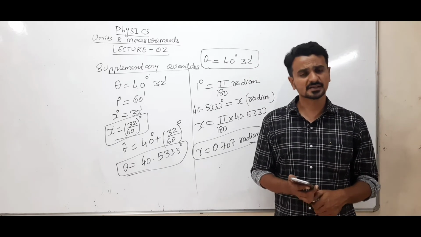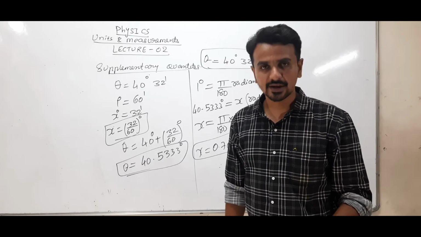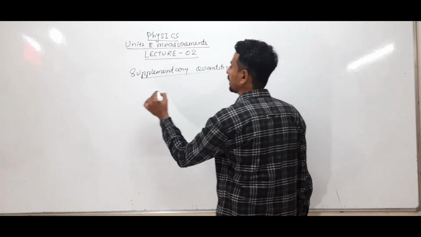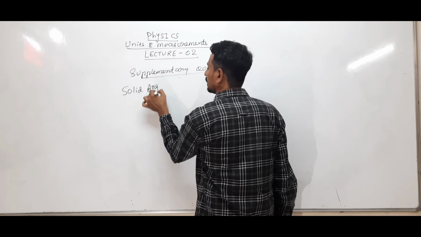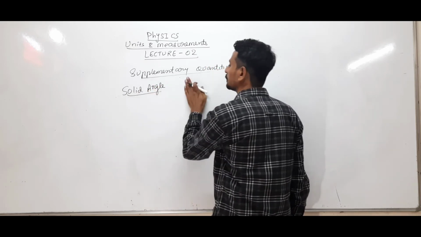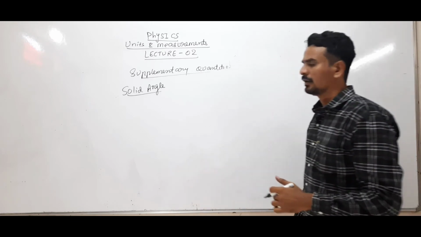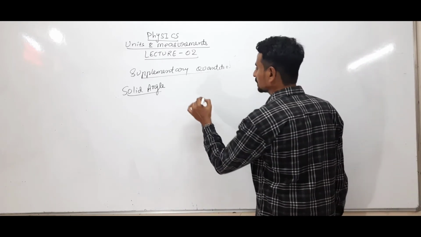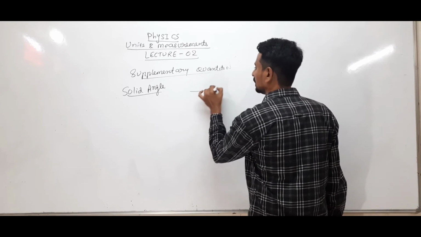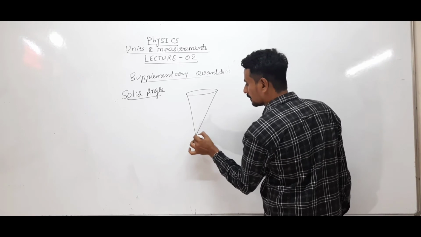Clear? Now we will understand another supplementary quantity which is known as solid angle. What is solid angle? This will not be used in your 12th standard. Solid angle means, suppose we'll take a shape of a cone.